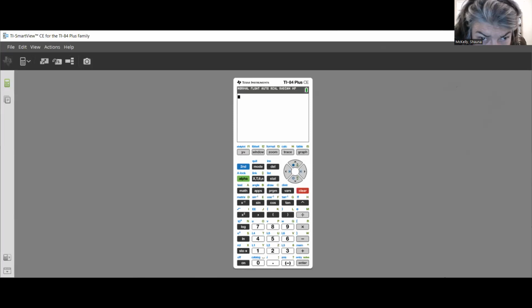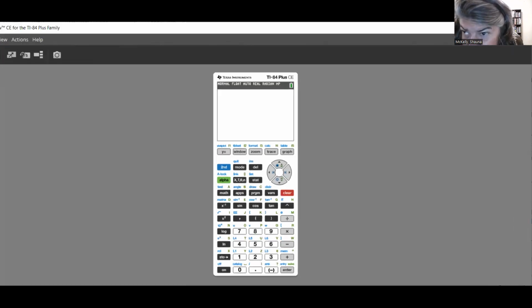It has a little bit of a different layout on some of the screens, but the keystroke sequences are very similar. So let me change the mouse and move this up so I can make this full screen for you.